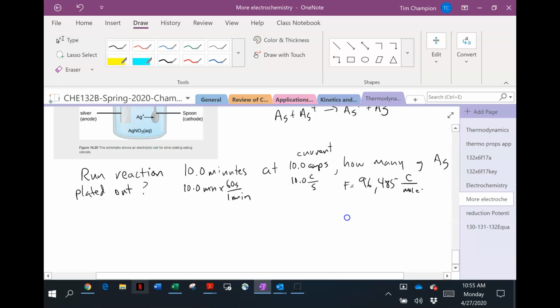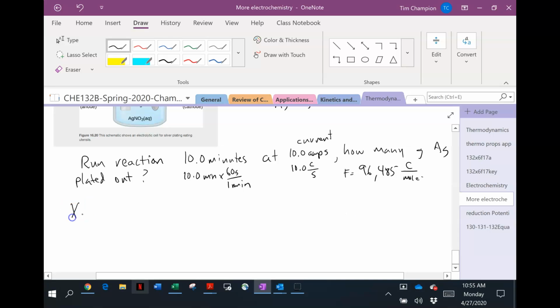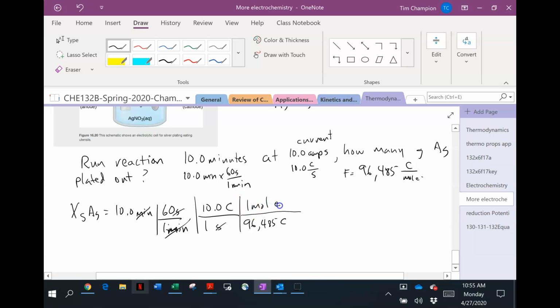All right, so let's see what we know. We want to get grams of silver. We know that we run it for 10.0 minutes at 60 seconds for every minute. Minutes cancels out. We know that we're running it at 10 amps, which is 10 coulombs for every second. So seconds cancels out. And we know that if we generate 96,485 coulombs, we'll have generated 1 mole of electrons.